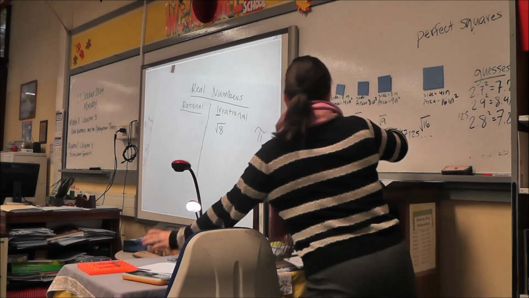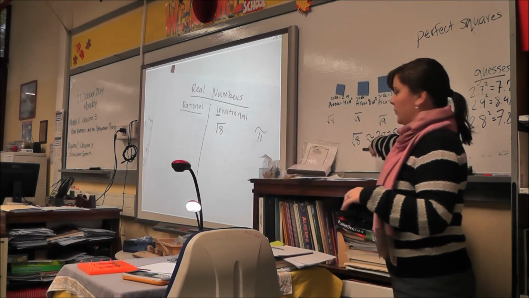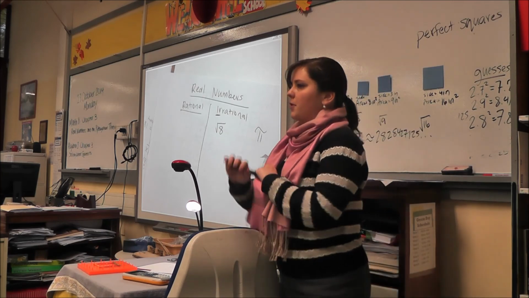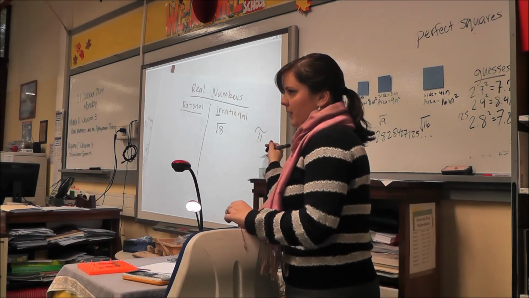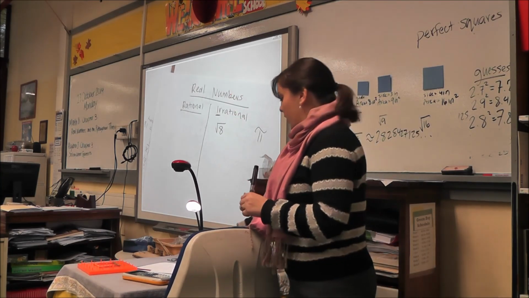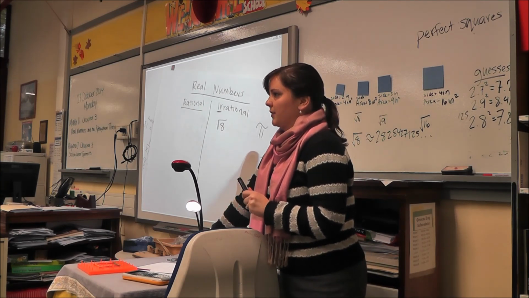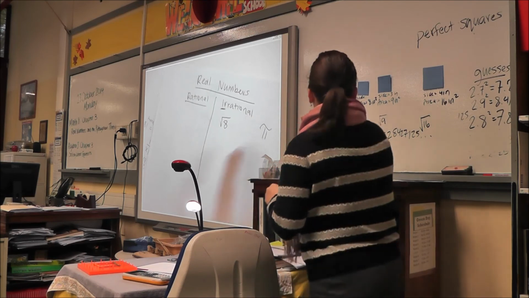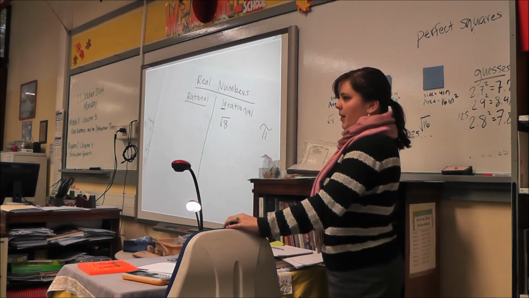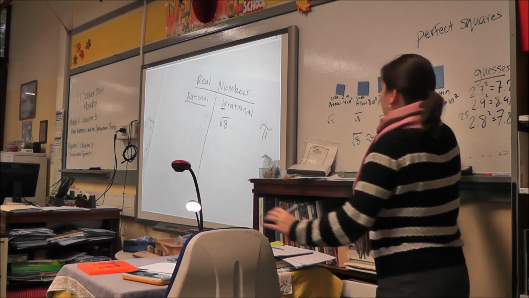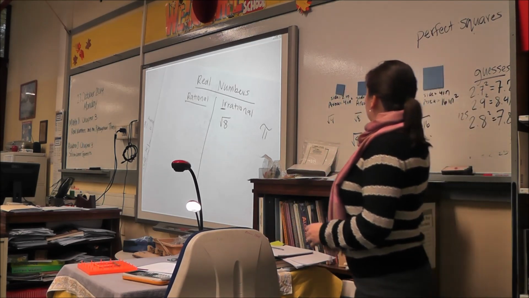We don't want to write this down every time we want to use the square root of 8. Just like with pi, they created a symbol that we could write down instead.